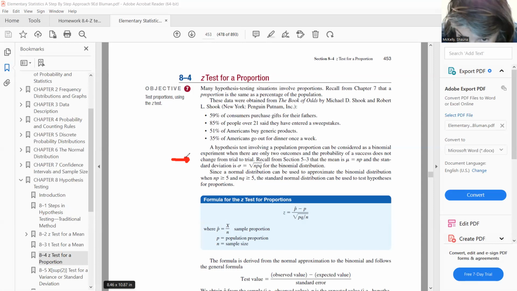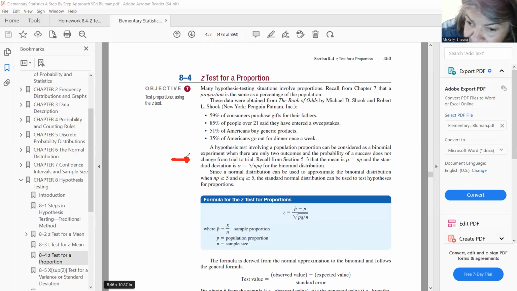It says, a hypothesis test involving a population proportion can be considered as a binomial experiment. This is from chapter 5. Remember, binomial experiments are the ones that have only two possible outcomes, success and failure. Success means getting what we want to see happen.